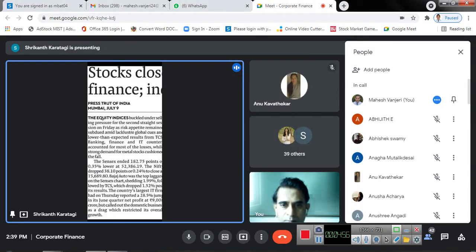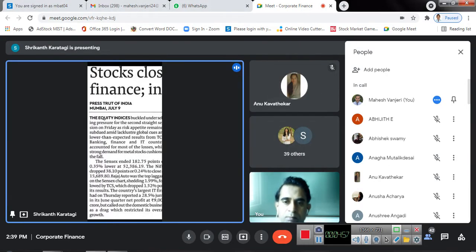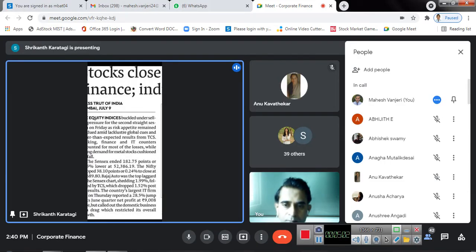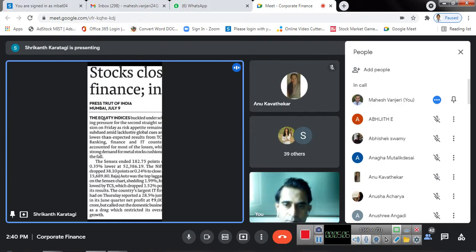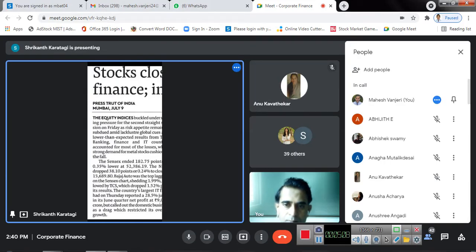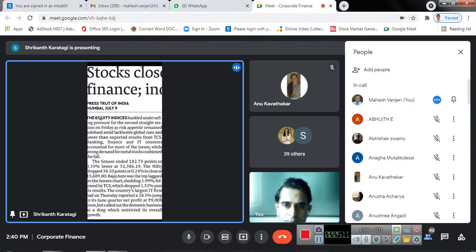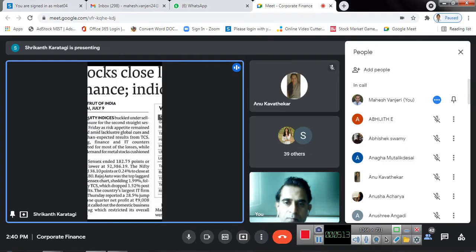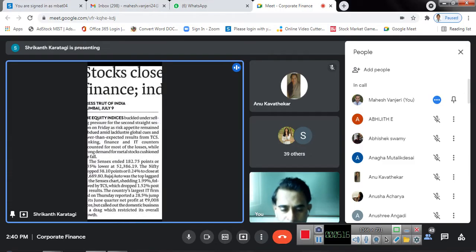The country's largest IT firm had on Thursday reported a 28.5% jump in its June quarter net profit at 9,008 crore, but flagged the domestic business as a drag which restricted its overall growth.